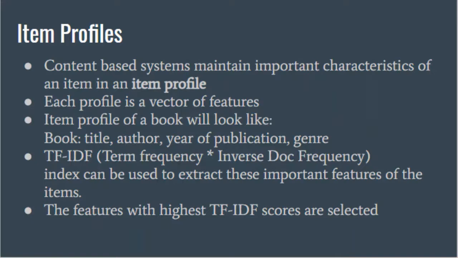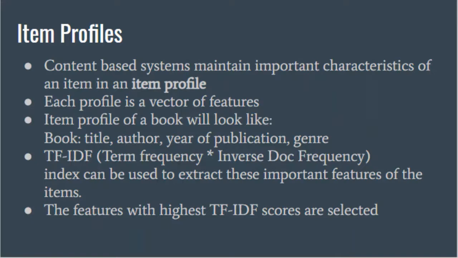The item profiles are the important characteristics or features of that particular item, and it is a vector, and the system maintains the important features as well as the characteristics in this vector. If we consider the example of a book, it can be the title, author, year of publication, and genre of that particular book.